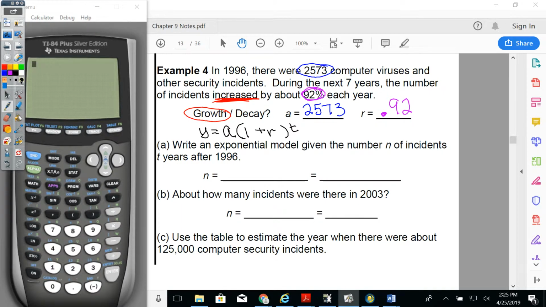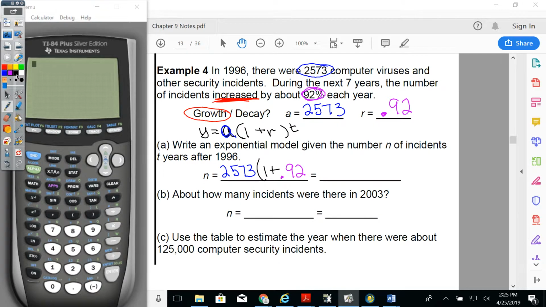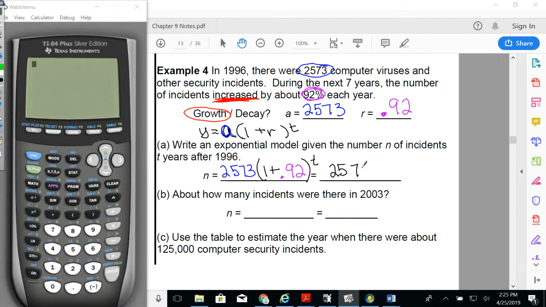So plugging everything in, n equals 2,573 times 1 plus r, which is 0.92. And we raise it to the t power. You can make it x if you want. It really doesn't matter. So then we add these together. So our equation is 2573 times 1.92 to the t. So we just add 1 plus 0.92.